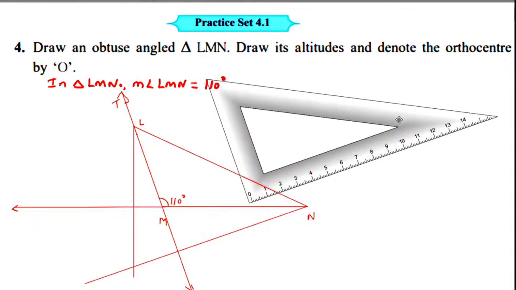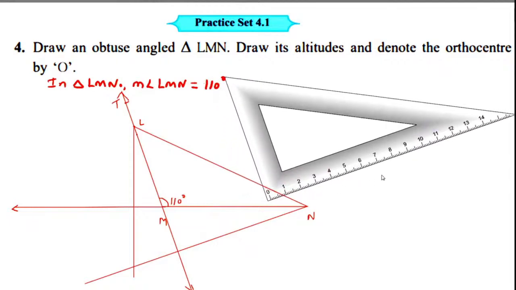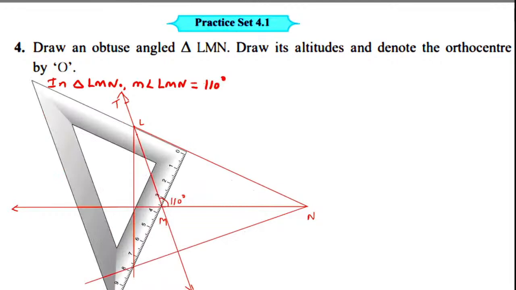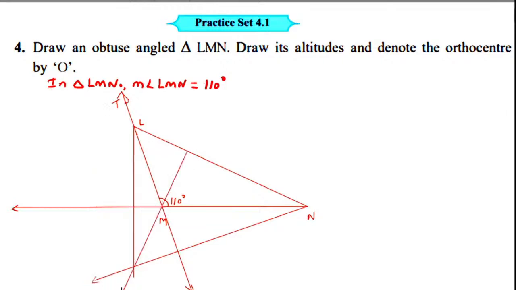Then again draw the altitude from vertex M to opposite side LN. Put the set square along the line LN, other side on the vertex M as shown here, and draw the altitude from vertex M to LN.